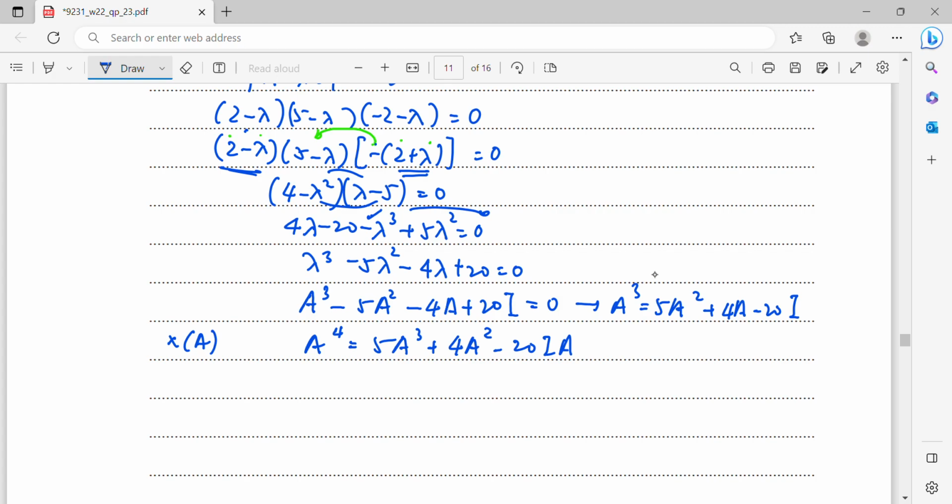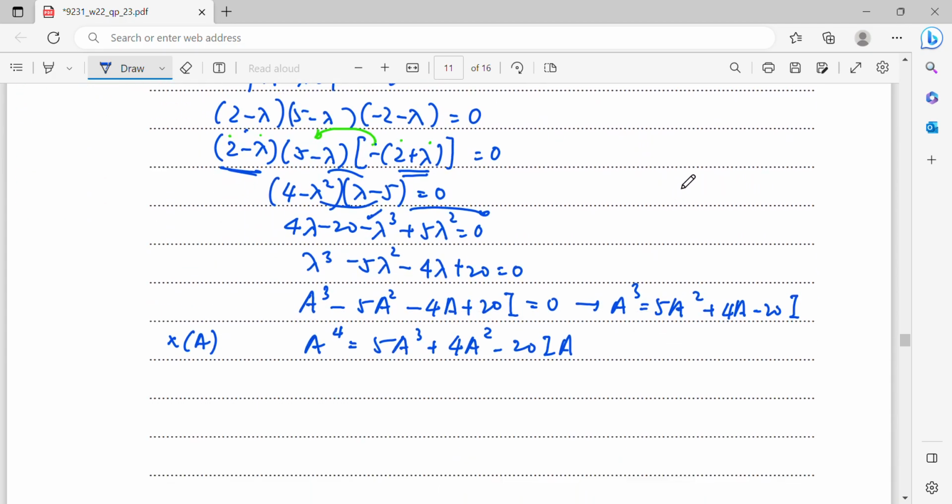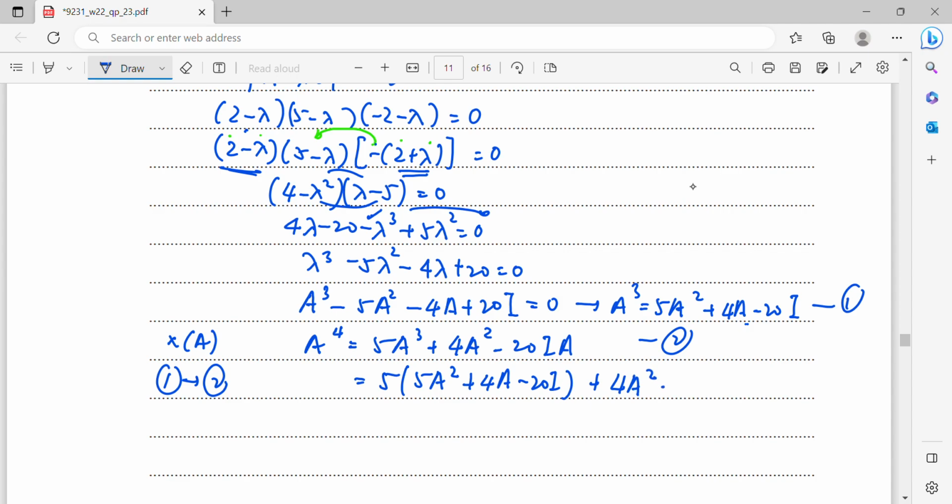Now when you look at the question here, we need a degree 4 in terms of A squared and I. But here we have the A cubed and A. Therefore, we need to simplify. So replace this A cubed by this result. This is first, this is second. Substitute first into second because we need to eliminate the A cubed and the A. So I will get 5A squared plus 4A minus 20I, which is my A cubed, then plus 4A squared, and then minus 20A.